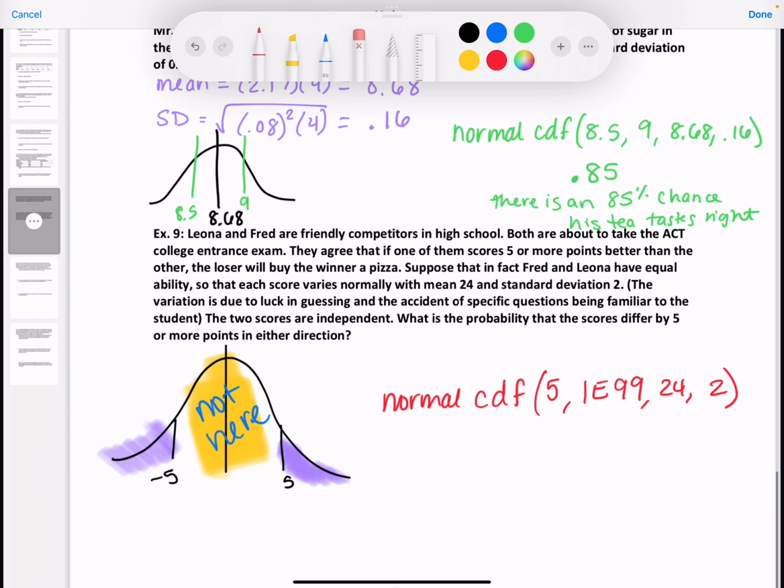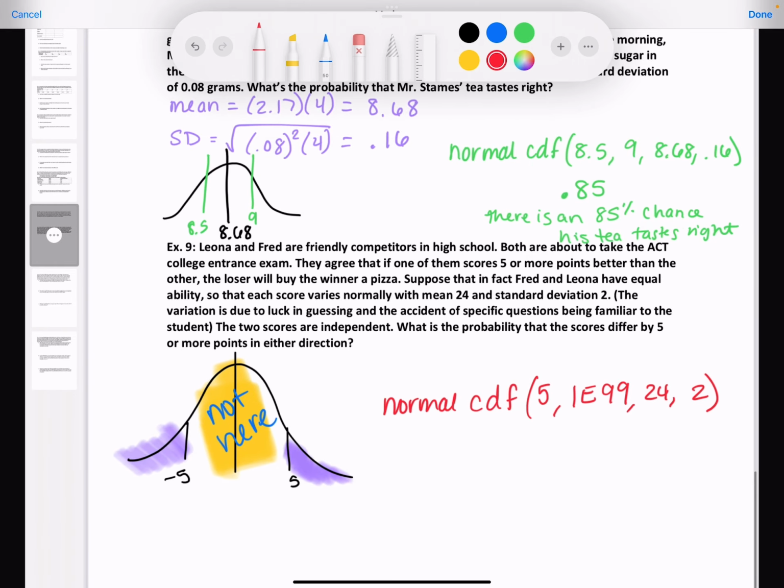Hold on. We have 2 people, so we have to change these numbers a little bit. Well, no, the mean isn't gonna change based on what we've said, so the mean is gonna basically end up being 0. So the mean would be 24 minus 24 because it's the same, the difference is 0.